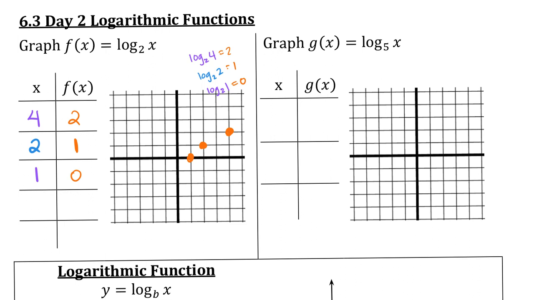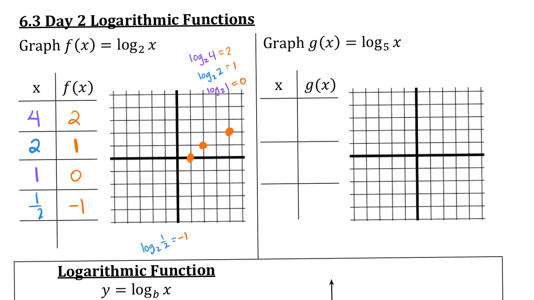Now I want a couple fractions in here, which normally we don't, but today we do. I'm going to put 1/2. The reason I'm doing 1/2 is because if I do the log base 2 of 1/2, 2 to the 1 gives me 2, but the negative 1 gives me a fraction.